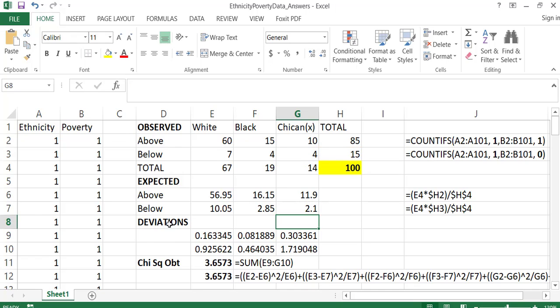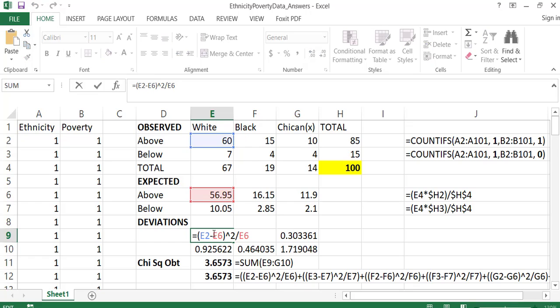And then what we're really interested in are the deviations. The deviations between the observed value here and the expected value, which is here. So this first cell is going to say, what's E2 minus E6? We want to square it to deal with the fact that some are going to be positive, some are going to be negative. Divide that by the expected value.